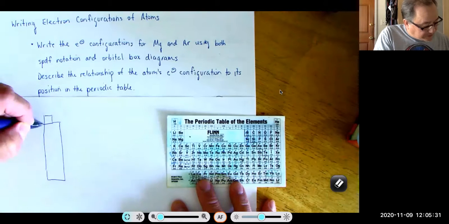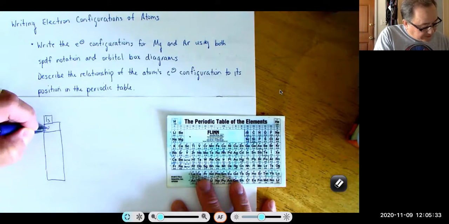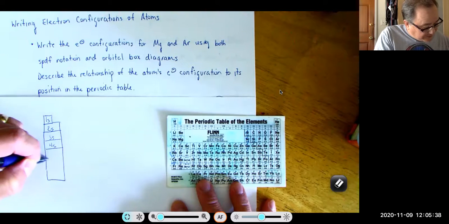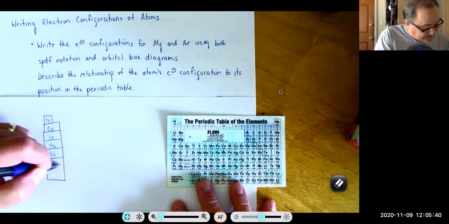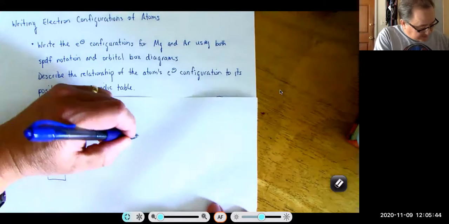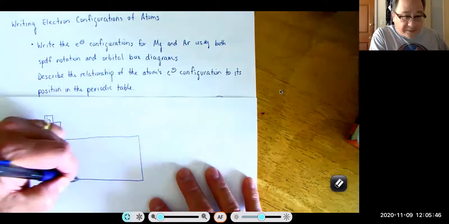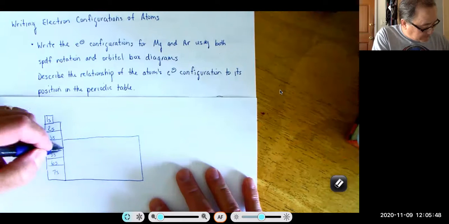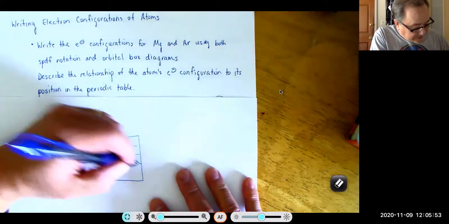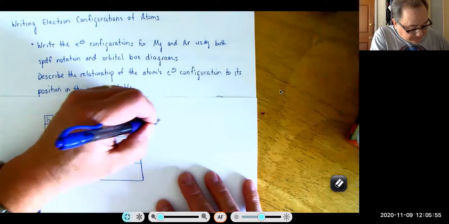So this is the 1s subshell, this is the 2s, 3s, 4s, 5s, 6s, and 7s. And here, these are D subshells. And these are P subshells.